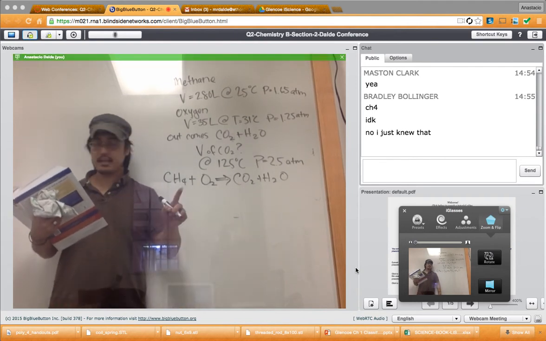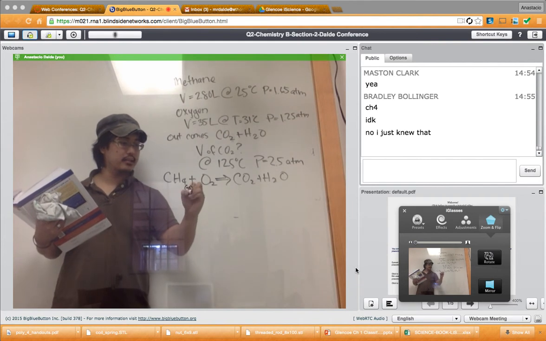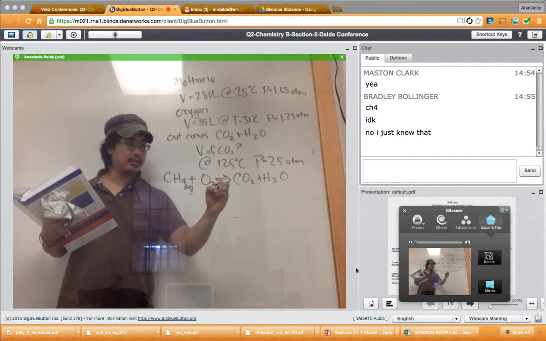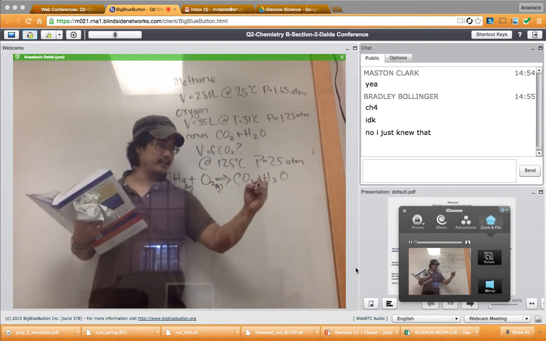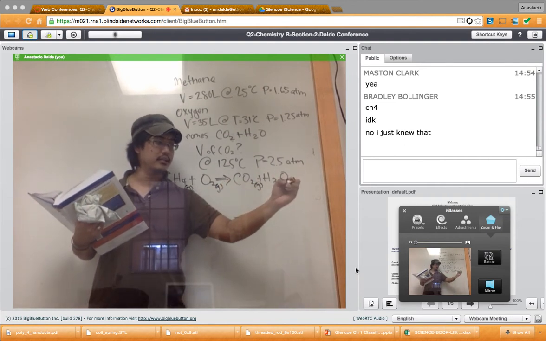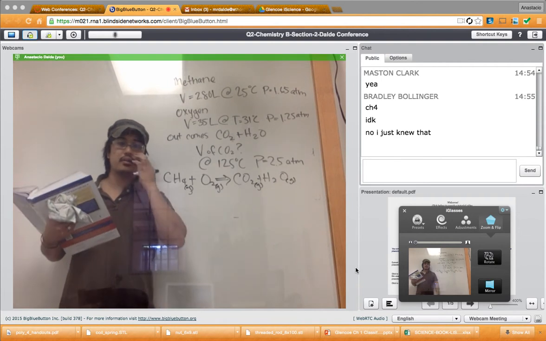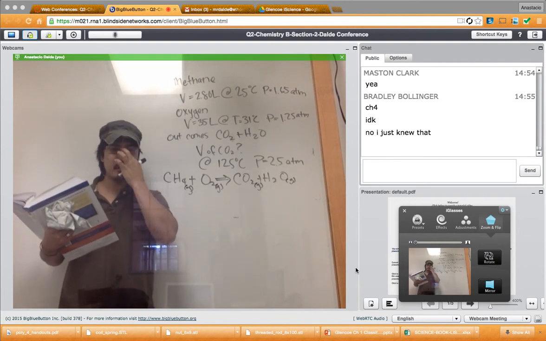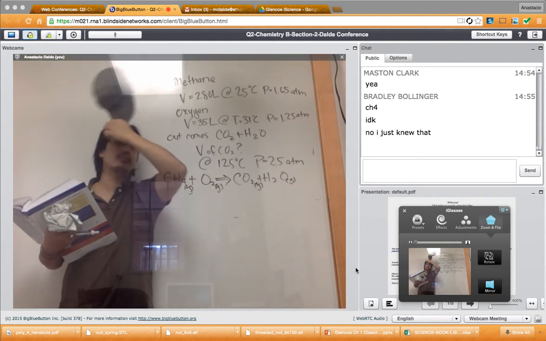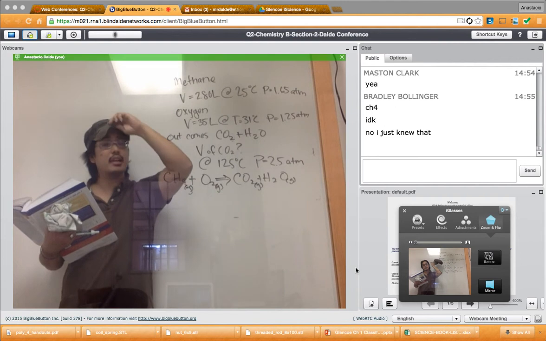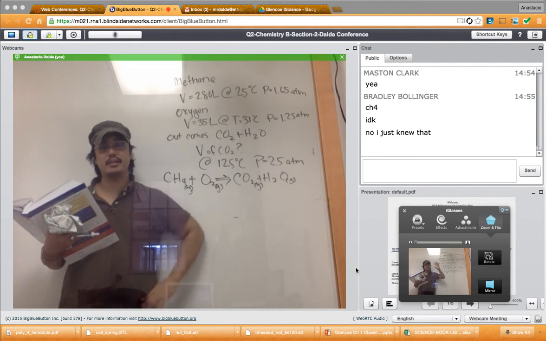So here's my methane, and that's a gas. And here's my oxygen, that's a gas. And then, actually, all of this is gas. Gas and gas. And then here's my other question: is anything at STP here? Is there anything in here that's at STP?